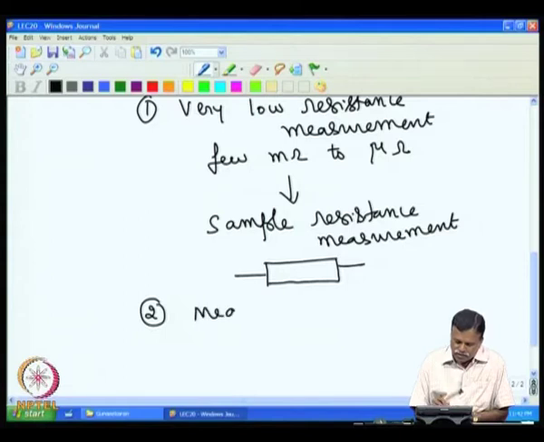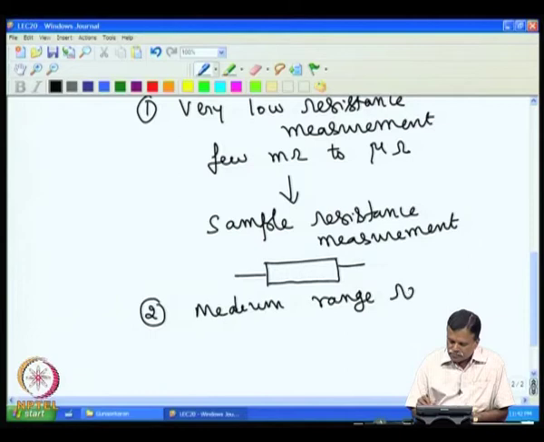The second type would be medium range resistance measurement.